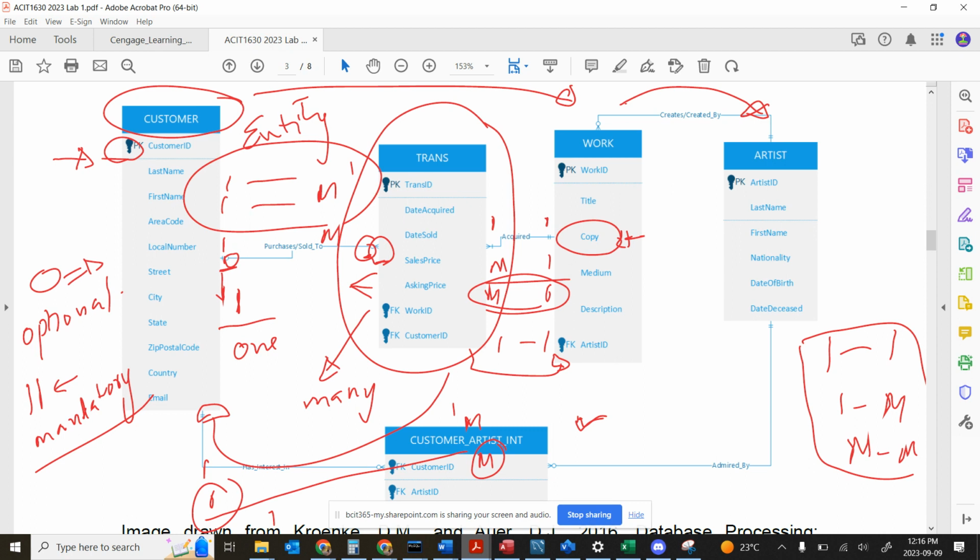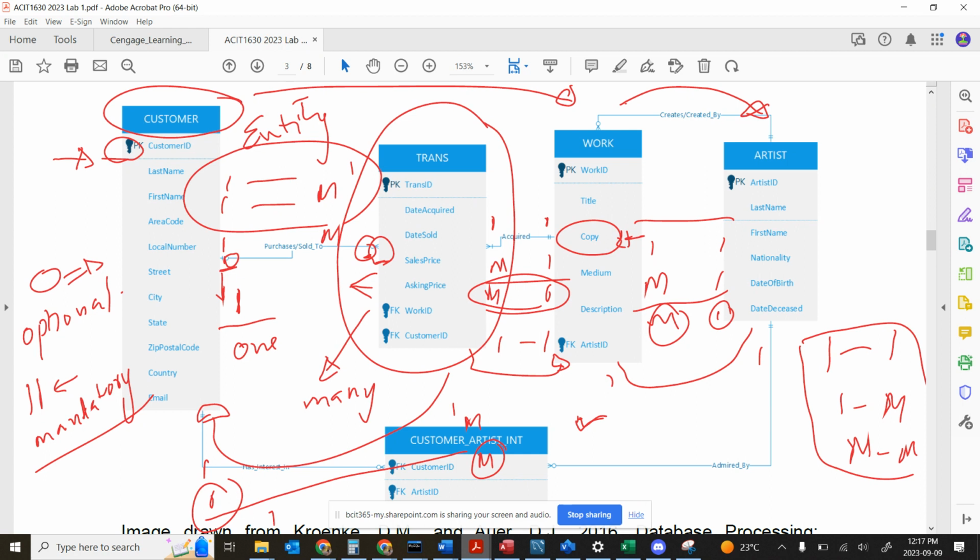Now here we have another one, work to artist. So it is also one to many. One artist can have one work, or one artist can have many works. Because we are saying that one artist can have one painting or he can have two paintings, right? Or maybe multiple ones. So it is one to many here. Can one work have multiple artists? Not possible in this case, but there can be scenarios, like if we are talking about a book, where one work can have multiple artists.